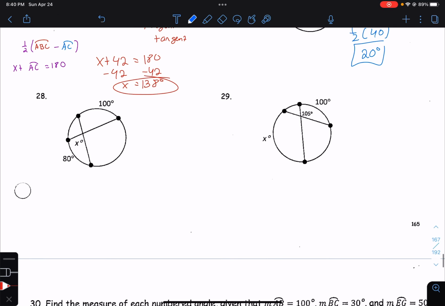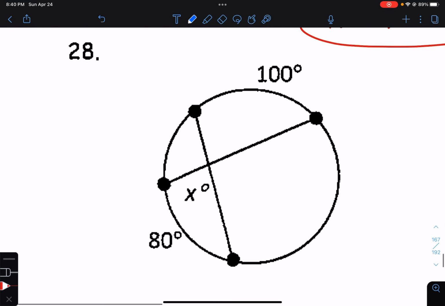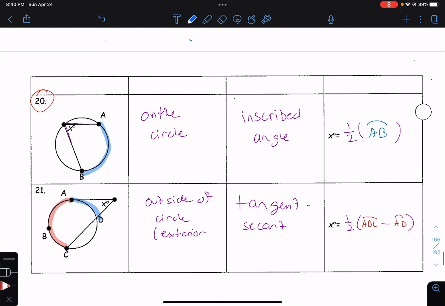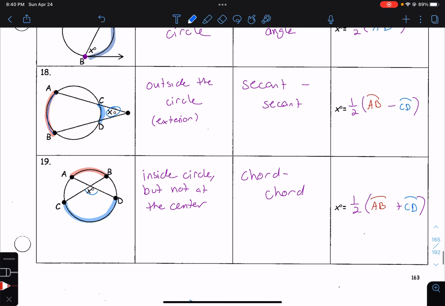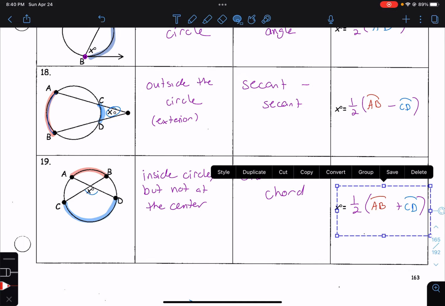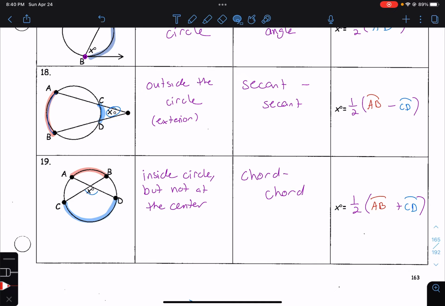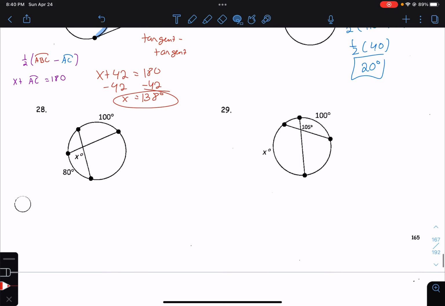All right, we are almost there, my friends. Let's go ahead and try this one. If we look, this one's going to fall under chord. So let's go ahead and steal the secret formula. We'll put that down here.